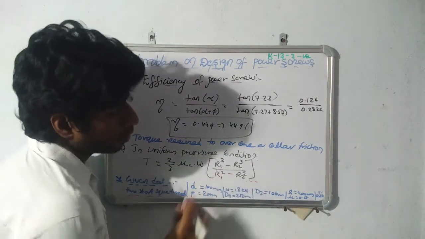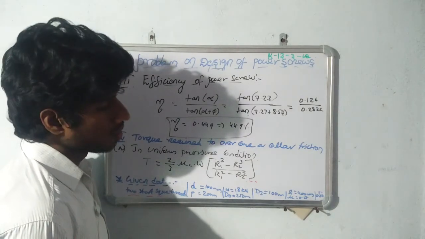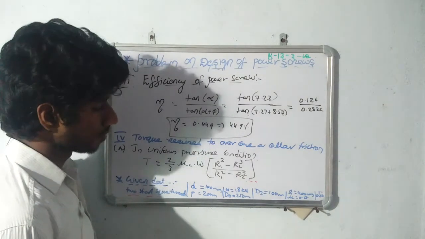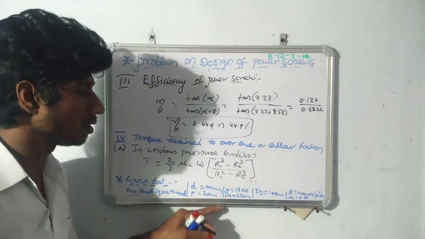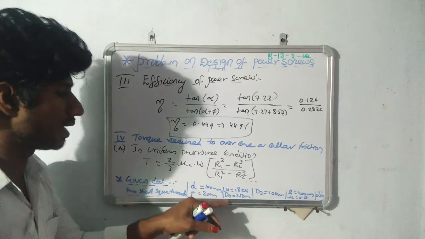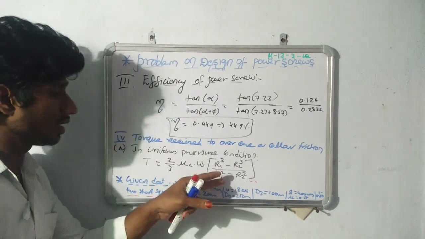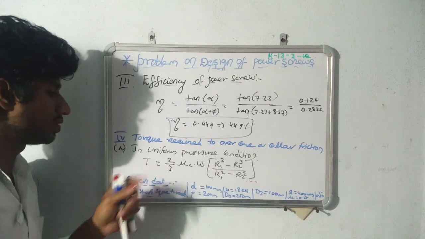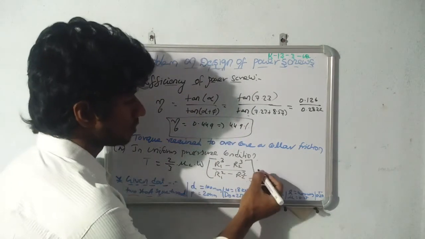Here R1 and R2 are the outer and inner radii of the collar bearing. We already know the diameters of that collar. By using the diameters, we evaluate the radii. When we get the radii of the collar, it is easy to find the uniform pressure torque. Let's substitute those values here.